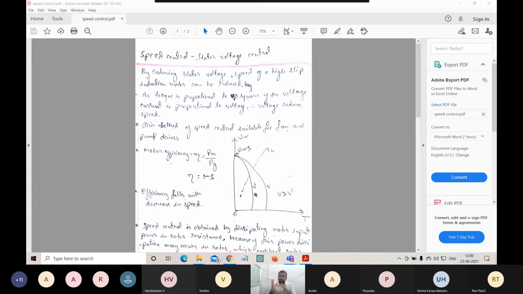Torque is directly proportional to the voltage square, and current is directly proportional to the voltage. So we have derived the nature of the graph using our speed and torque characteristics. At the starting, the torque will be 0 and speed will be maximum.